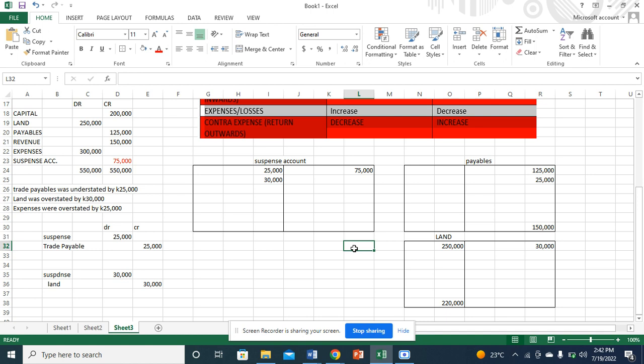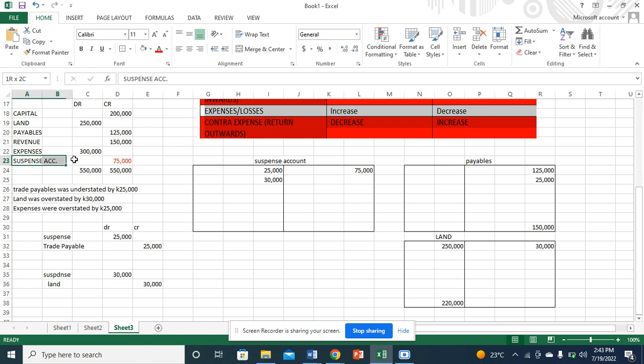All right. Here we're dealing with errors that affect the trial balance, one-sided errors. In this question, we've already been given the errors. The purpose of the suspense account is to temporarily balance the trial balance so that we can correct the errors.